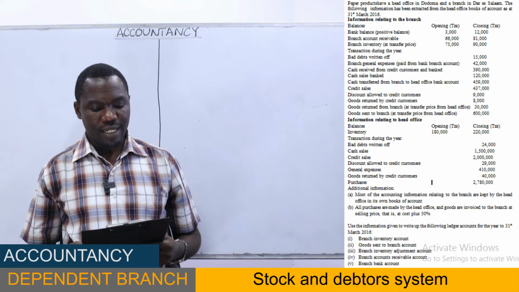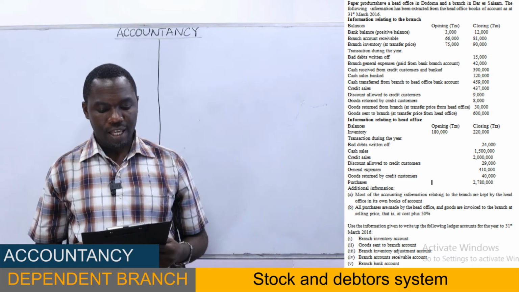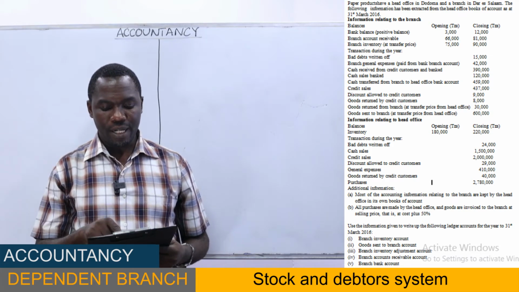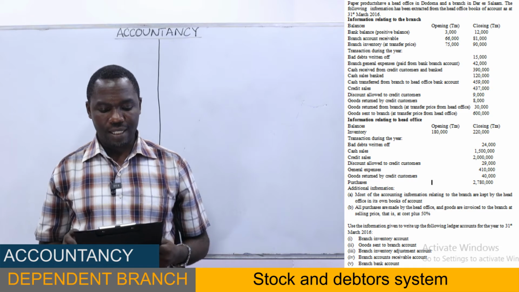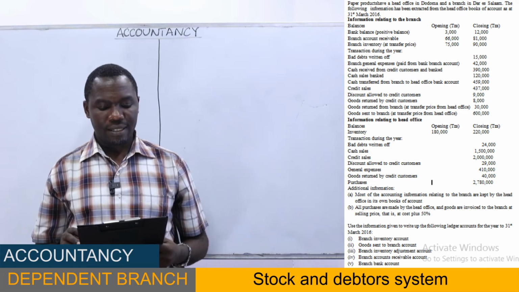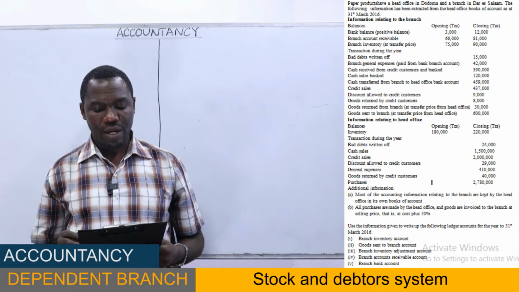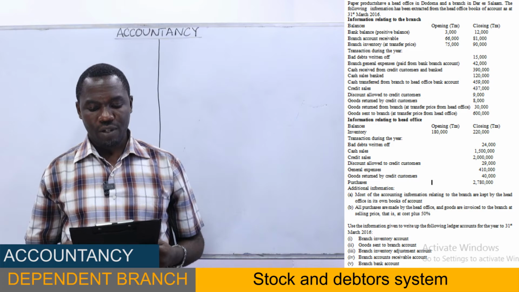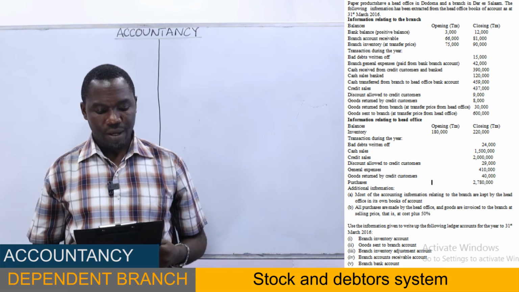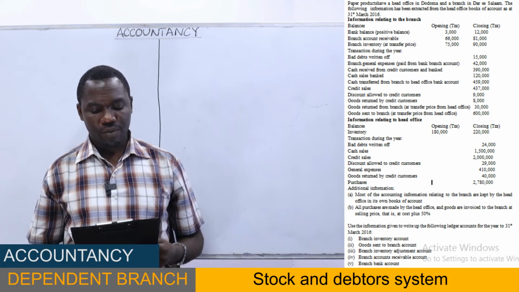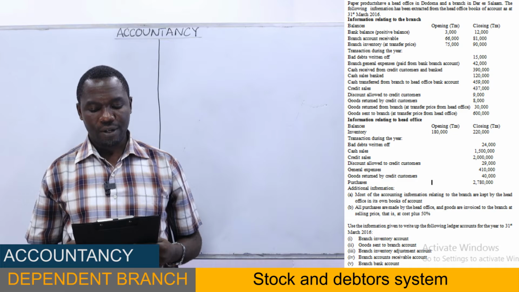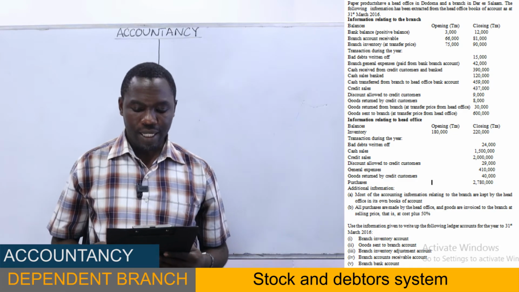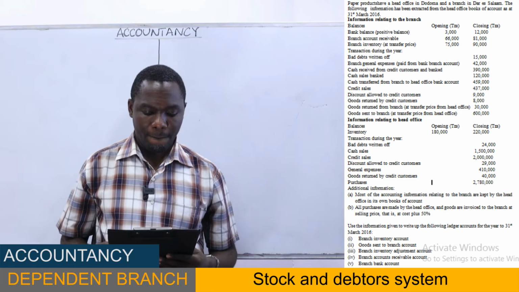Information relating to branch. We are given the balances, that is opening balance and closing balance. Bank balance, it was positive balance, 3,000 opening, 12,000 closing. Branch account receivables, 66,000 opening, 81,000 closing.